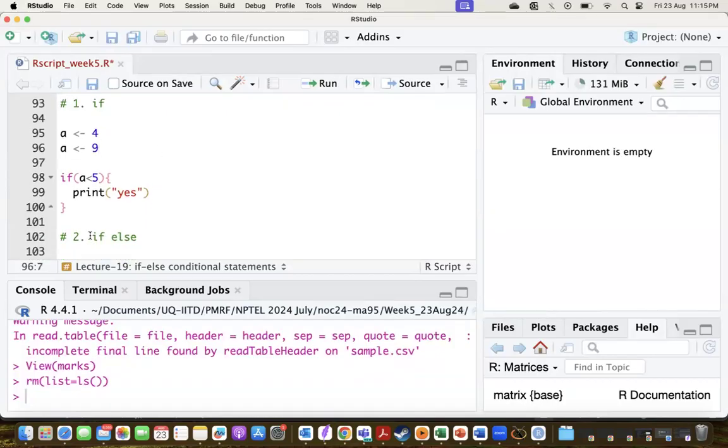Up until now, we have talked about two brackets, right? This curved bracket, which we are almost always using when we are talking about these commands in R. Also, when we are doing any mathematical operation, we are always using curved brackets.